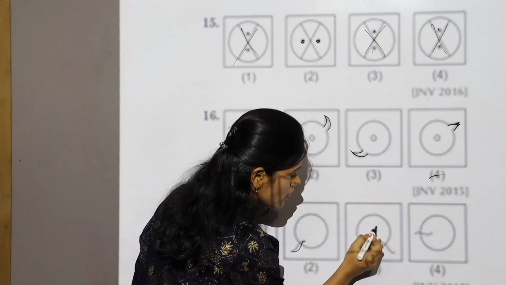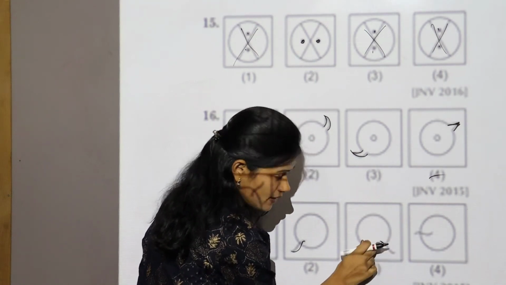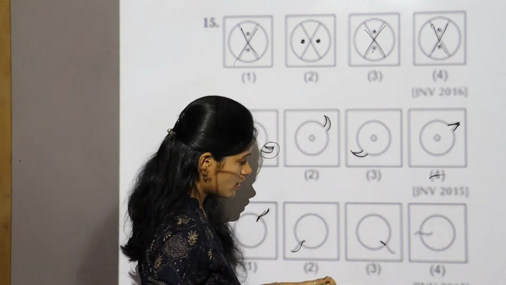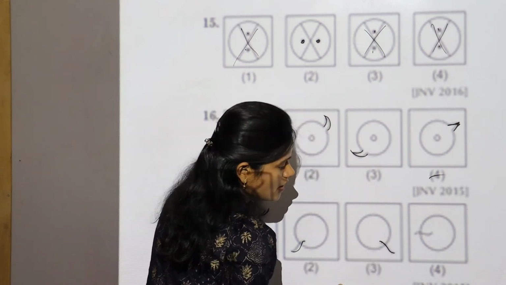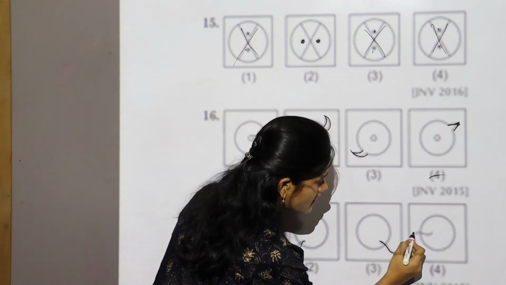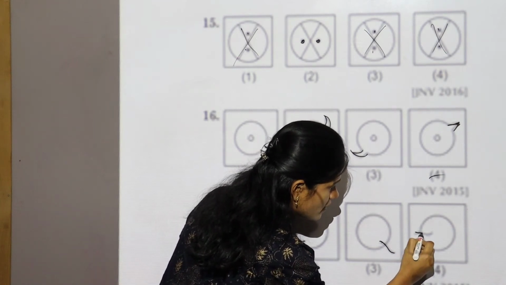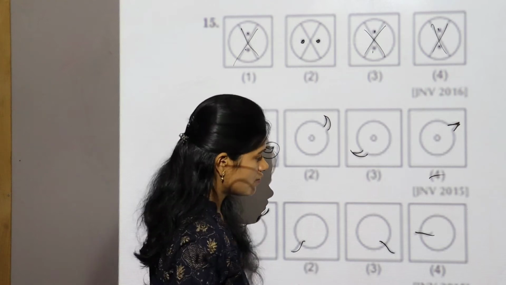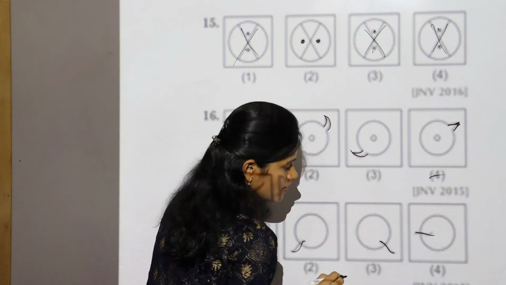In the third also short at the middle, more large at the outer of the circle. See, this curve line cut is more at the middle and less at the outer of the circle. So which is different. So the answer is the fourth one.